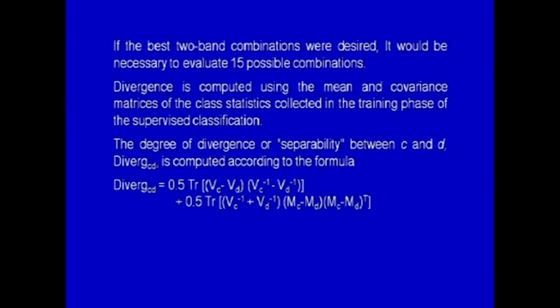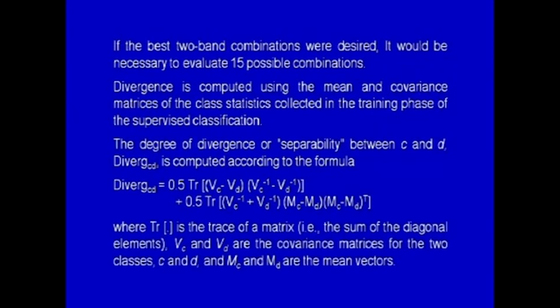where diverge C D is equal to 0.5 trace of the matrix defined by V c minus V d multiplied by the inverse of the variance matrix of class C minus the inverse of the variance matrix of class D, plus 0.5 the trace of the matrix which is V c inverse plus V d inverse multiplied by the matrix M c minus M d multiplied by M c minus M d transpose, where T r is the trace of the matrix, that is the sum of the diagonal elements.